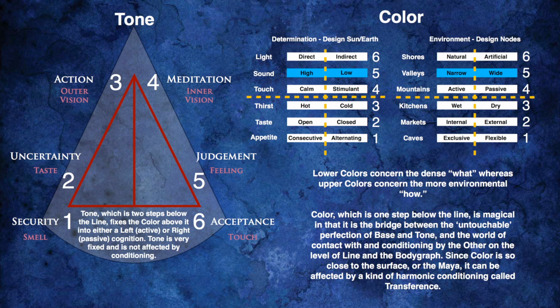You've heard the saying, it's not what you say, it's how you say it. Right fixed fifth color people are very sensitive to that. It's not what you're living, it's how you're living, right? It's not the what of the lower colors, it's the how of the upper colors. And the fifth color has a really fascinating ability of being able to gauge that kind of stuff, to see what's within.